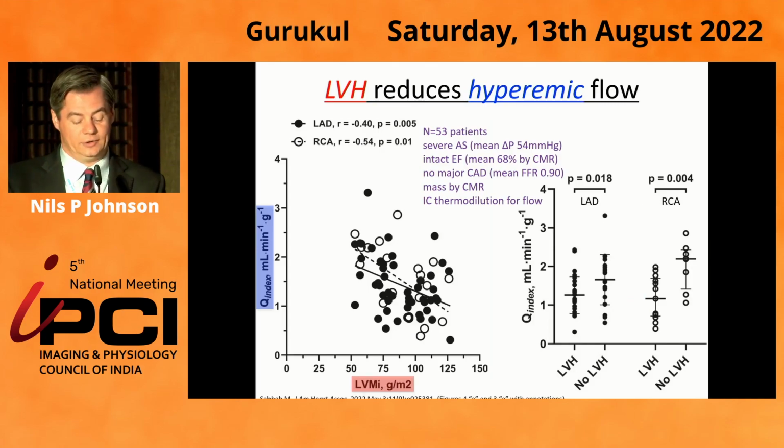This was a study looking at patients who had severe aortic stenosis, intact EFs, no major coronary disease. They measured myocardial mass by cardiac magnetic resonance imaging, and again you see this relationship, that the larger the left ventricular mass index, the less the peak stress flow because of this problem with left ventricular hypertrophy.